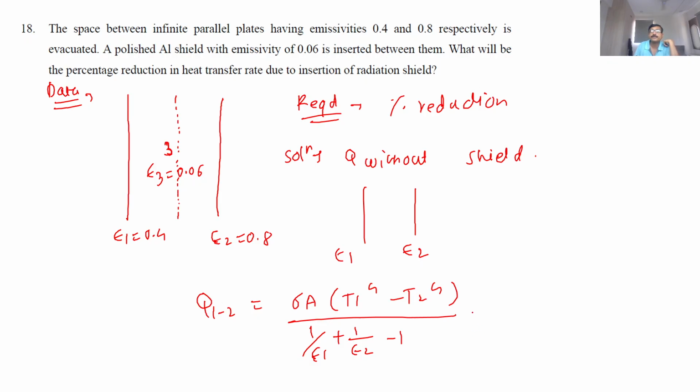So let's start. Is equal to sigma. They have not given the values of T1 and T2 also, so I will keep them as they are. I will keep sigma as it is. Area is not given, you can assume it as 1, but they have not given the value of sigma, T1, or T2, so I will put them as they are.